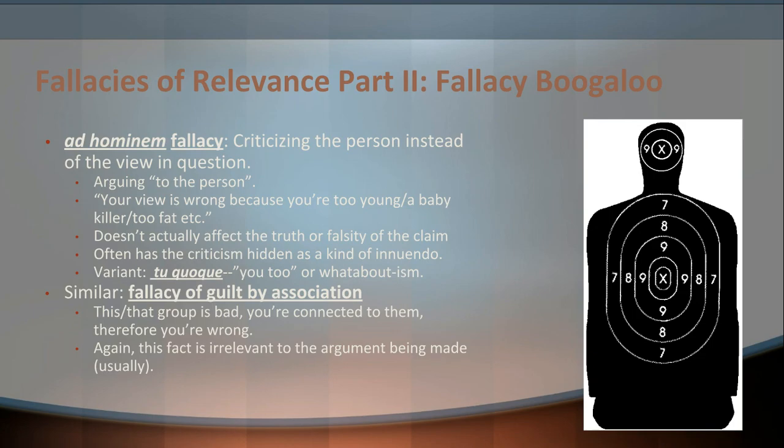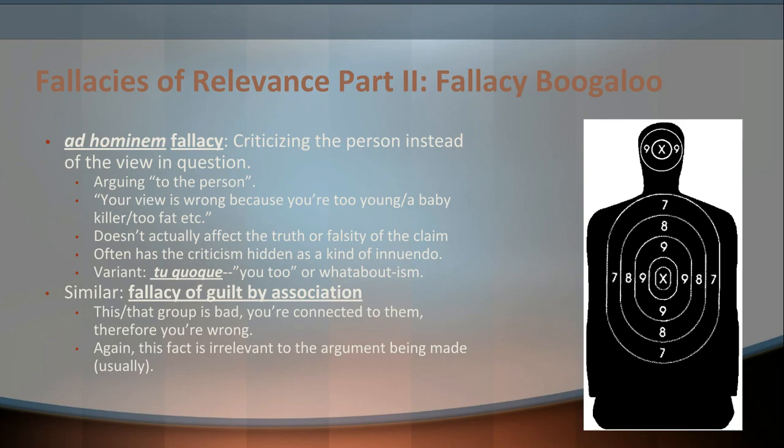Another similar position is what's called the fallacy of guilt by association. And this is essentially ad hominem but targeted towards groups instead. This is where we get closer to the all liberals or communists kind of deal. Rather than, say, rejecting a democratic policy about something, somebody might say, "Oh, well, all the Democrats are basically communists, and communists are all terrible, so I'm not going to listen to anything that you have to say."